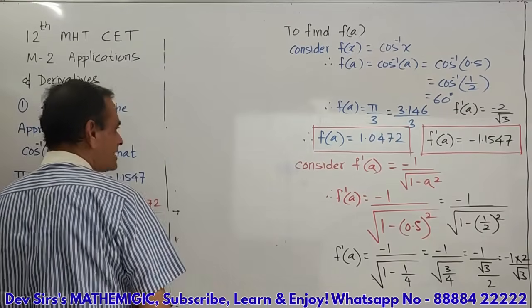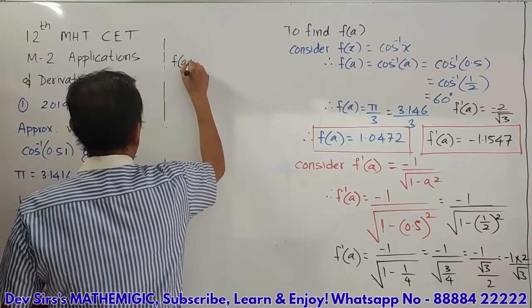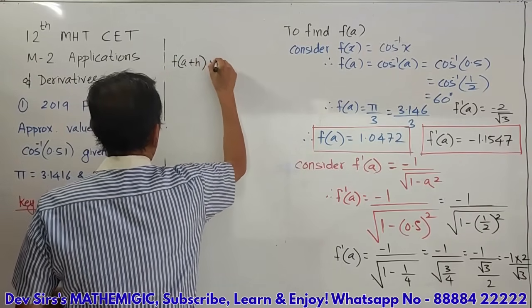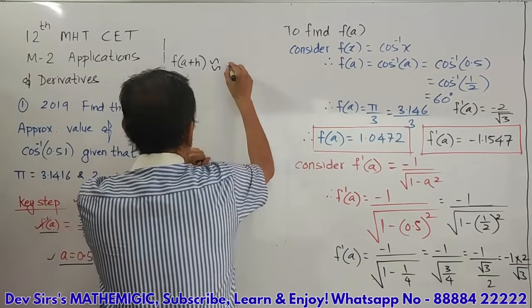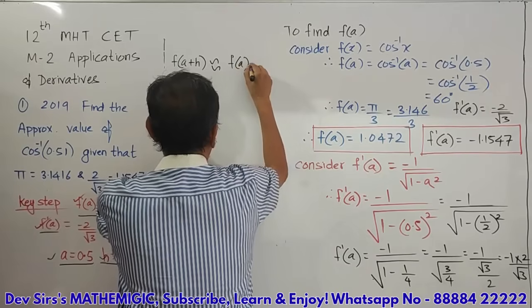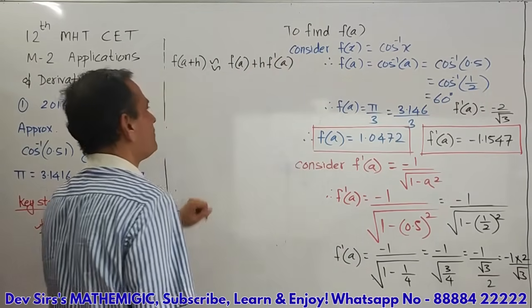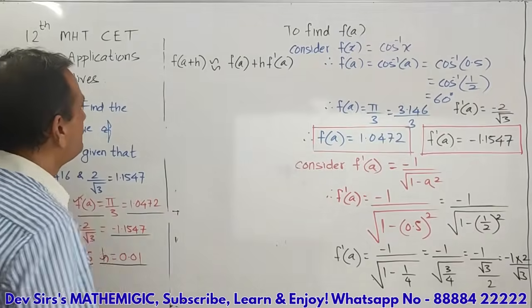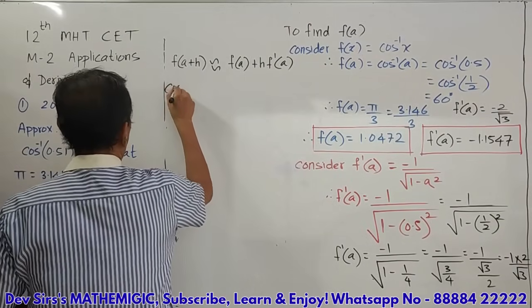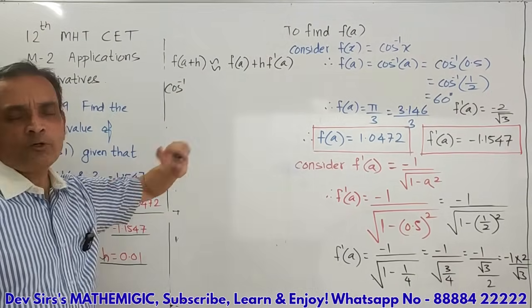Okay. Formula says f of A plus H approximately equal to, this is the symbol for approximately equal to, F A plus H F dash A. F means function cos inverse. अभी ये मत देखो A plus H no need to calculate.